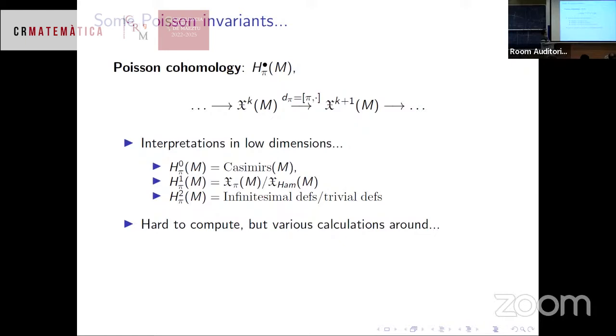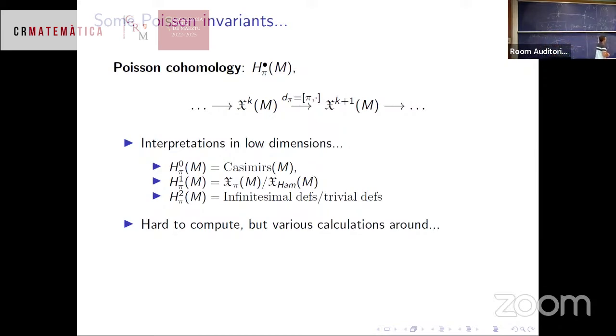Another remark is that in the symplectic case, we have an isomorphism between T and T star given by the symplectic form, so you can actually show that this Poisson cohomology becomes the de Rham cohomology. Okay, so in the symplectic case, it's just the de Rham cohomology.